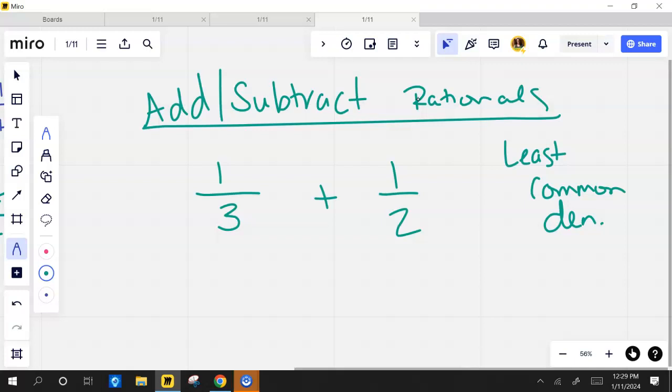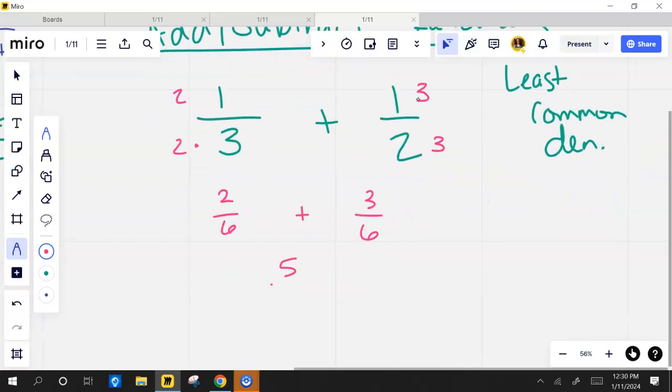Multiples of 3 being 3, 6, 9, 12, multiples of 2 being 2, 4, 6, and we take the lowest one, right? So here we know it's 6, so we force them both to be 6, which means we give it to the top and the bottom. So now I end up with 2 over 6 plus 3 over 6, and then how do I combine them? You just put the numerators together and leave the bottom alone, so it's just 5 over 6.